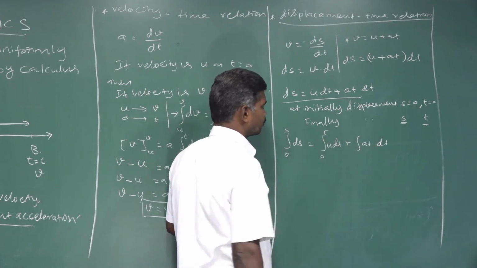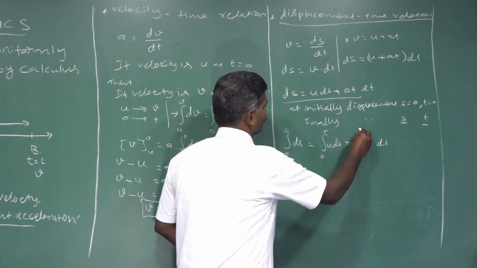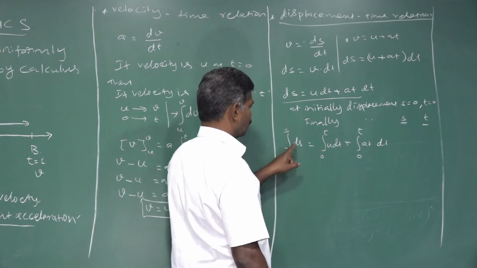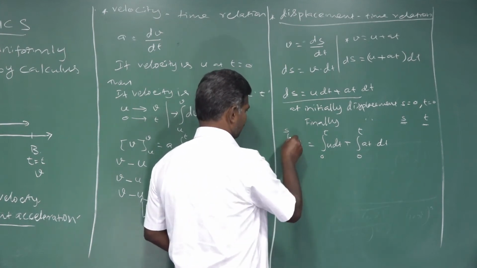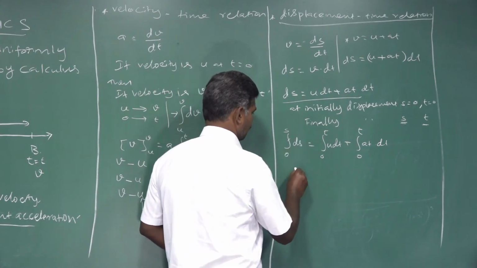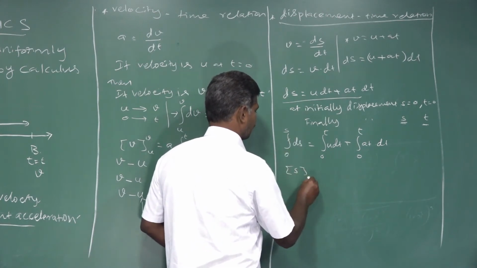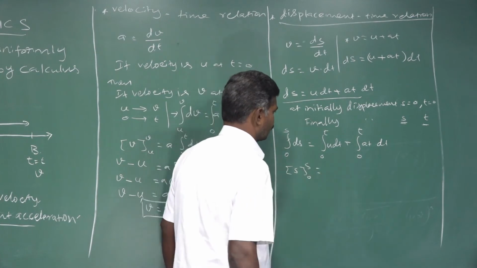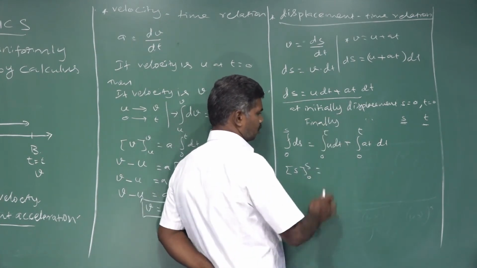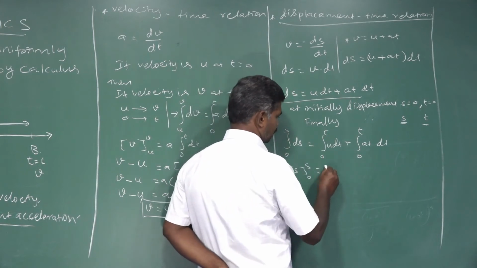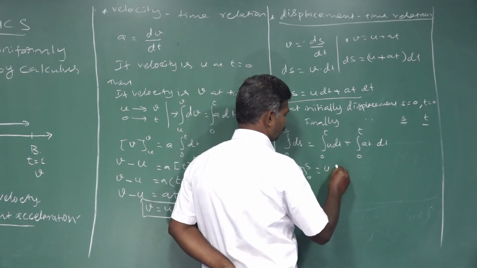Very simple. Here also we are substituting 0 to t. Integration and differentiation cancel. Yes, there we have the limitation 0 to s is equal to, here time is going to be integrated, that's why u into t.